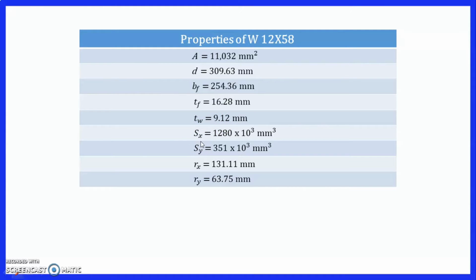The section modulus at X is equal to 1280 times 10 to the power of 3 cubic millimeter, and the section modulus at Y is equal to 351 times 10 to the power of 3 cubic millimeter. The radius of gyration at X is equal to 131.11 millimeter, and the radius of gyration at Y is 63.75 millimeter.